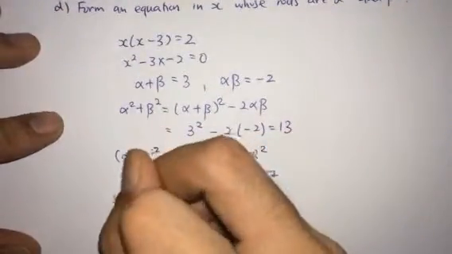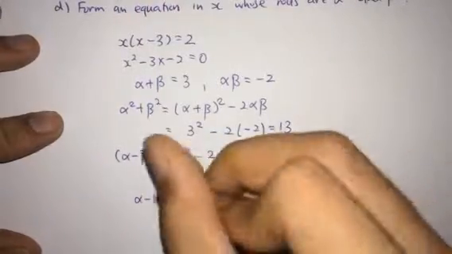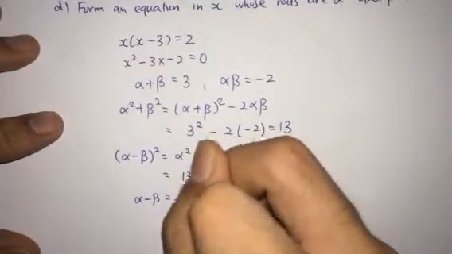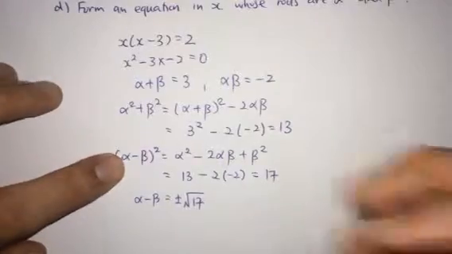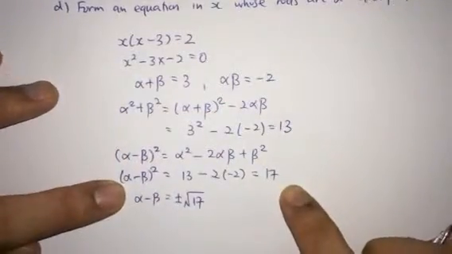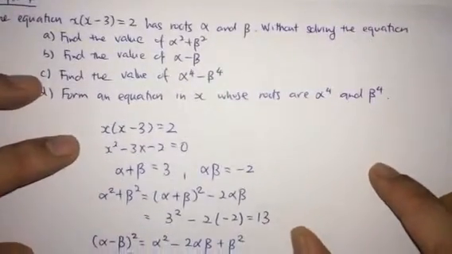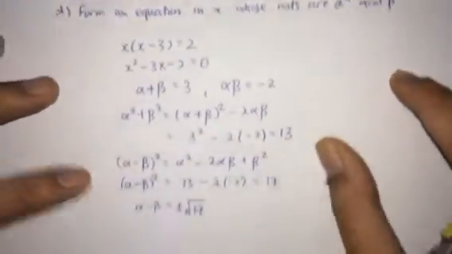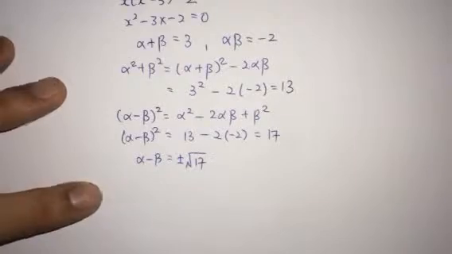This means that alpha minus beta equals plus minus square root of 17. Hence alpha minus beta square equals 17. Okay, notice that in this question there is no restriction, so both are acceptable answers.